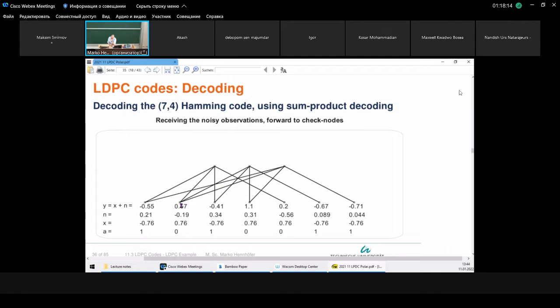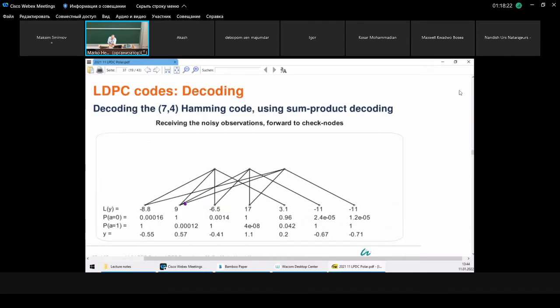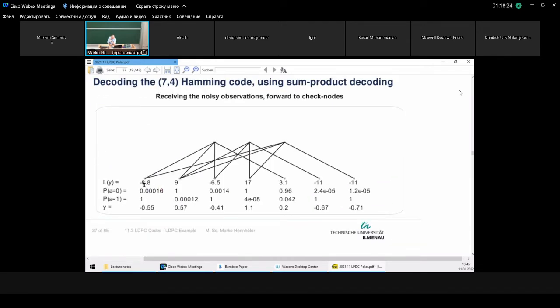And now I wanted to see how the numbers evolve if we proceed as we learned it. In the next stage, I calculated the log likelihood ratios of our observations, and again, to illustrate, the probabilities. So we have the noisy observations, the log likelihood ratios, and the probabilities.